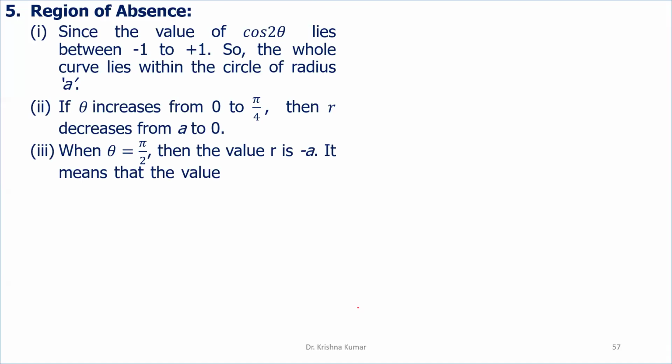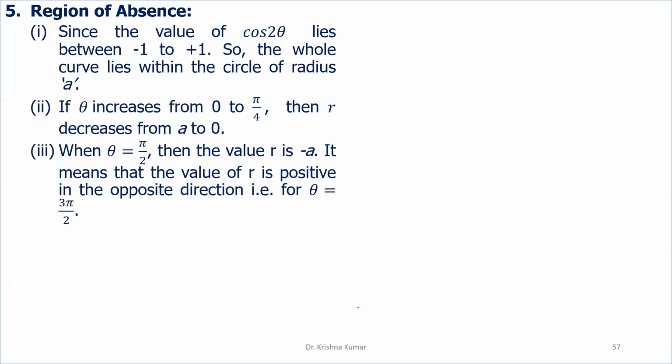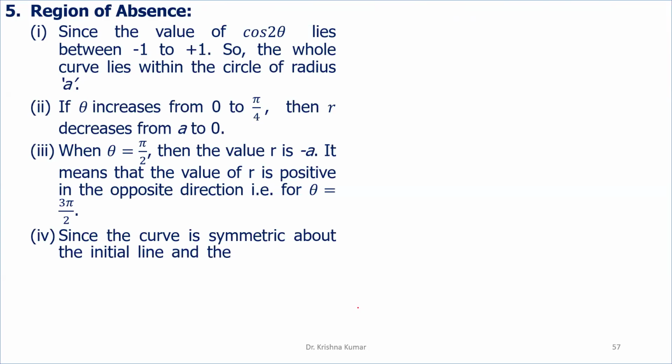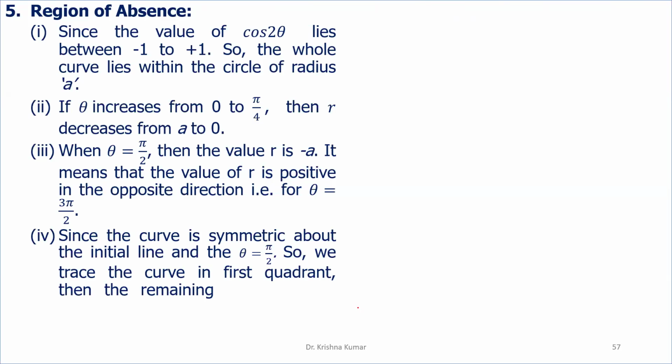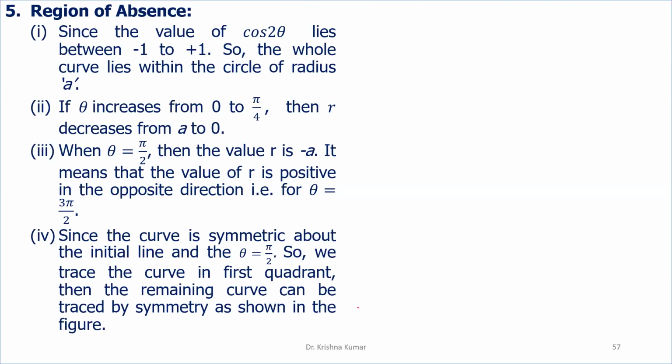It means that the value of r is positive in the opposite direction, that is, for theta equal to 3 pi by 2. Since the curve is symmetric about the initial line and the line theta equal to pi by 2, we trace the curve in the first quadrant, then the remaining curve can be traced by symmetry as shown in the figure.